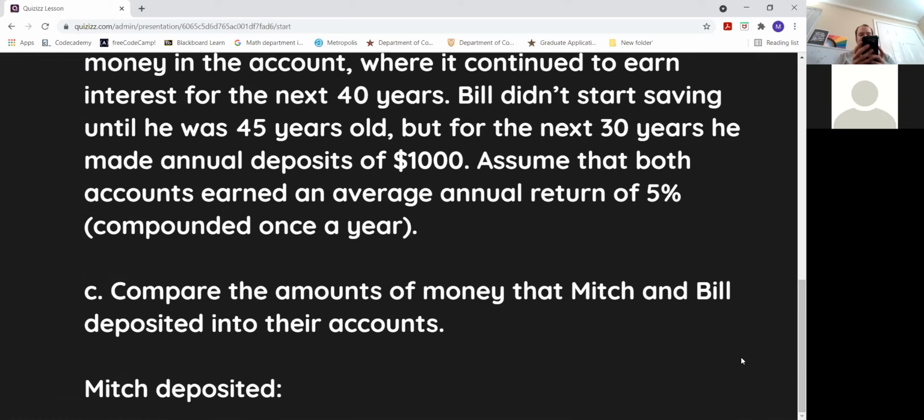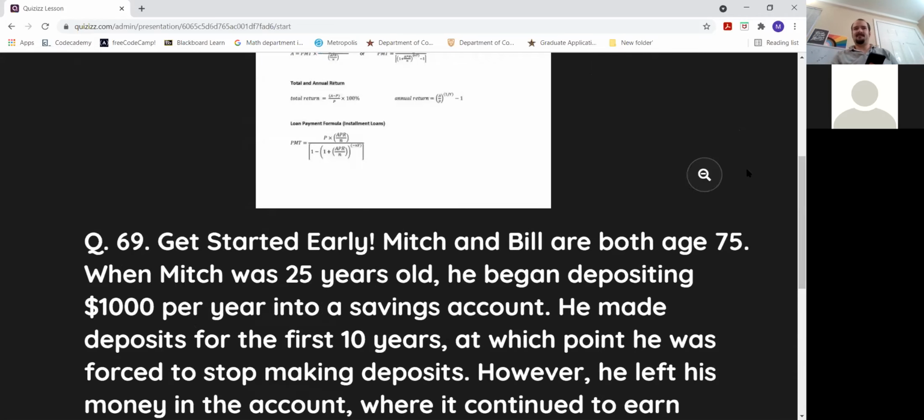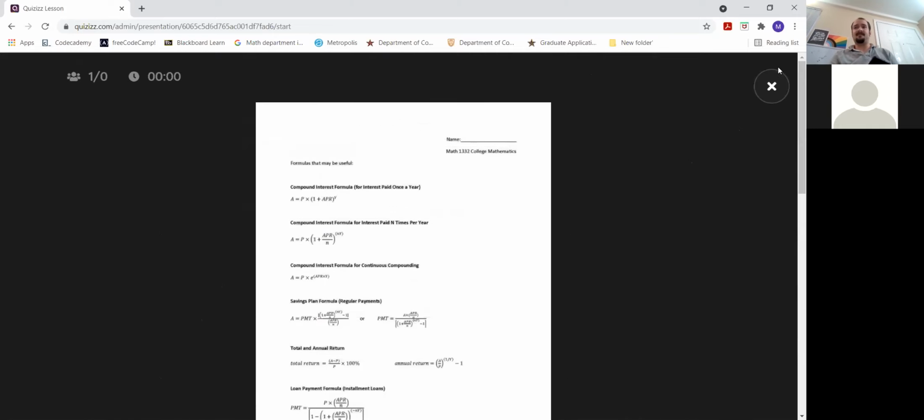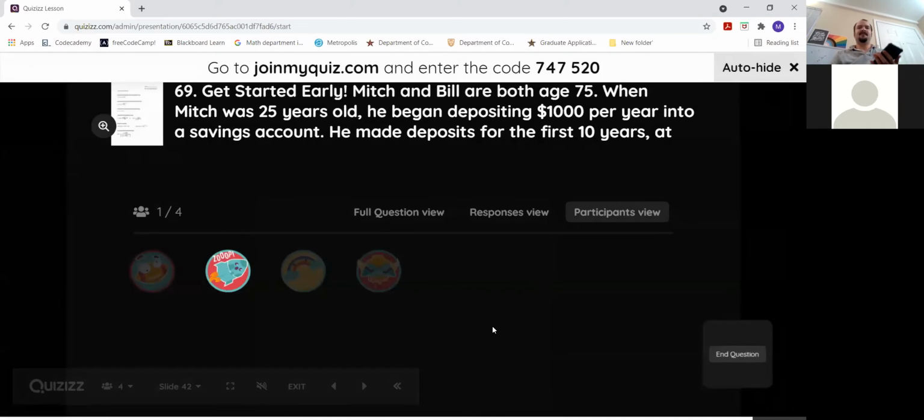This is hopefully one of those that takes you 10 seconds. It takes you longer to type it than to think about it. If you're depositing $1,000 10 times, you're going to have, oh man, if this takes you longer than 10 seconds, I'm going to cry.